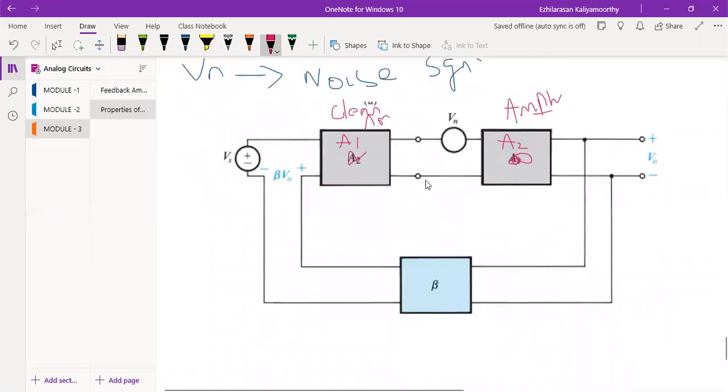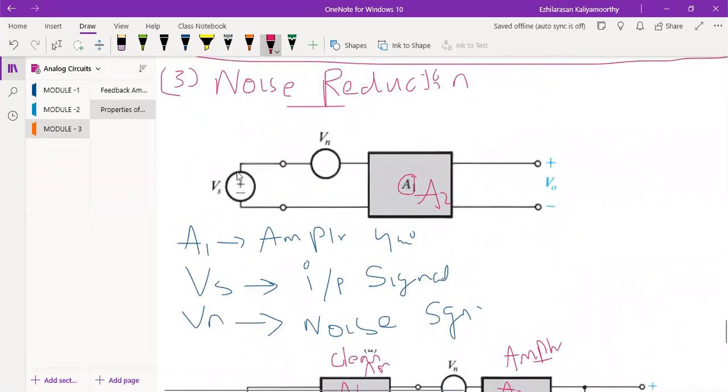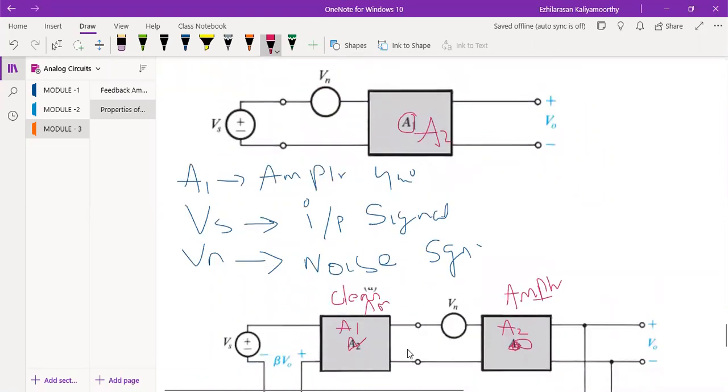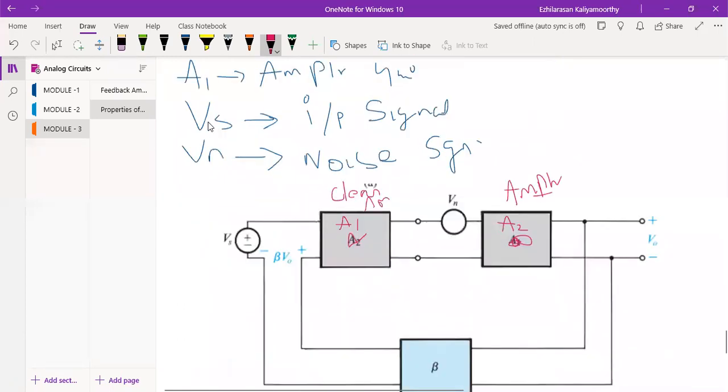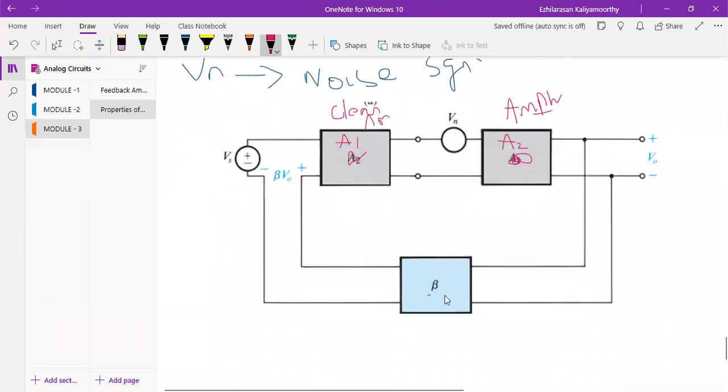Now from this we can say, in this diagram we added the noise before the position, we added one more amplifier, that is A1. Then your signal is connected, along with that we connected the feedback network.